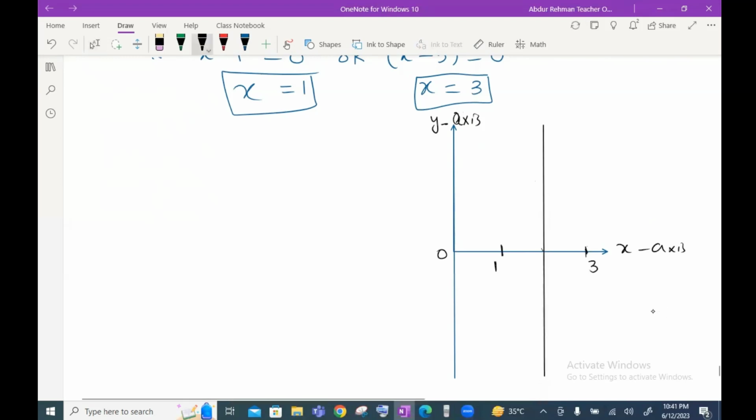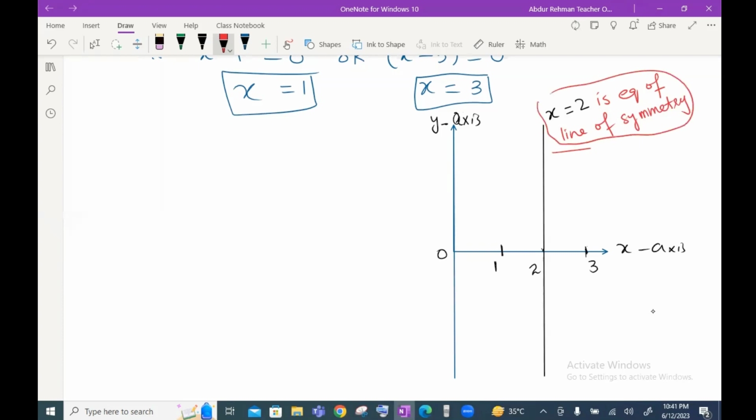Now, this line of symmetry is passing through x equals 2, so x equals 2 is the equation of line of symmetry for this function.